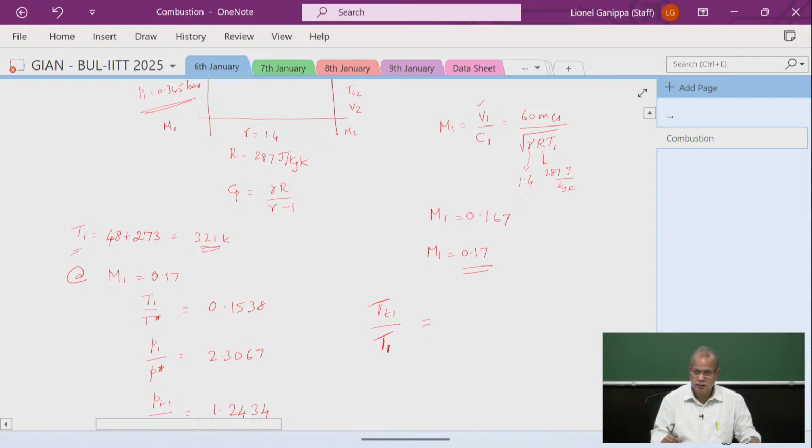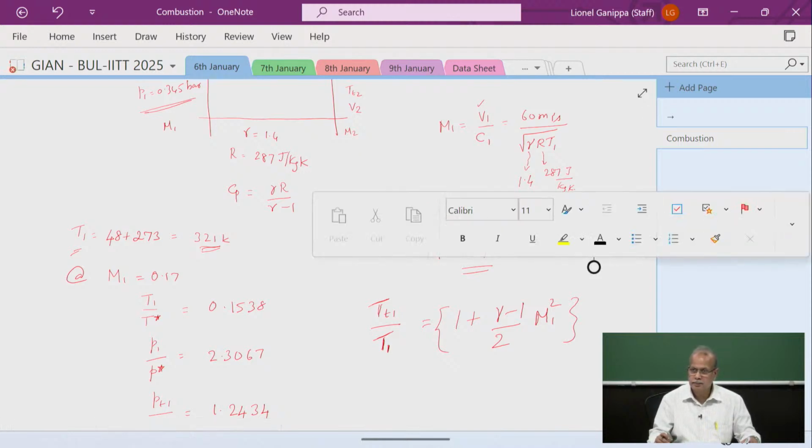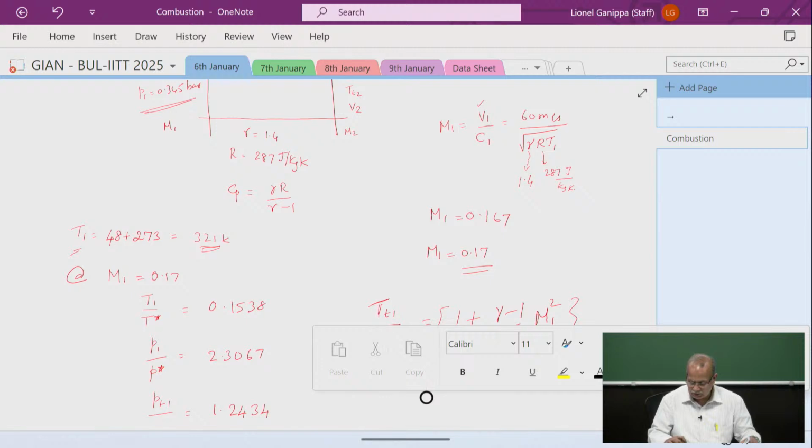So the relationship between the local and stagnation is 1 plus gamma minus 1 by 2 M1 square. That's it. You remember this. Again, you get this from the energy equation.